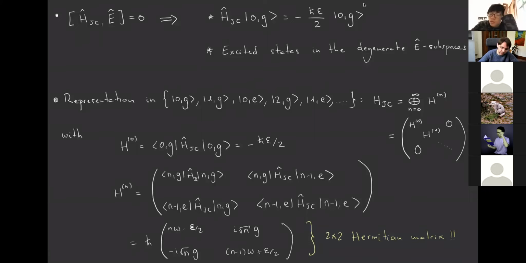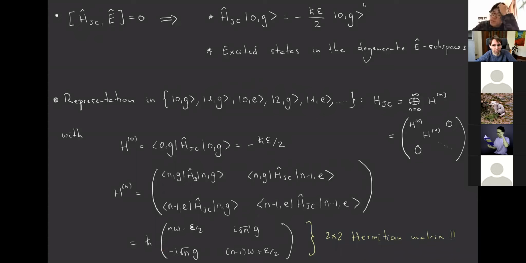So as I say, if you just take the basis and you do a representation of the Hamiltonian in this basis, you will find automatically this box structure in which the first box is actually 1 by 1, so it's just a number, and the rest of the boxes are 2 by 2, given by these matrices here that are 2 by 2 Hermitian matrices. So then once we have this, we know how to diagonalize the Hamiltonian because this is just a 2 by 2 Hermitian matrix.